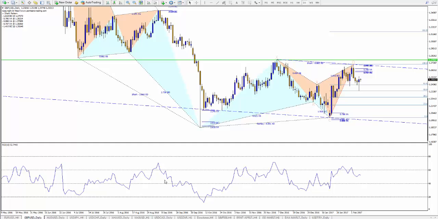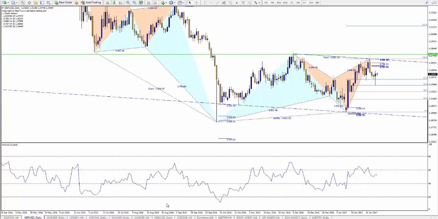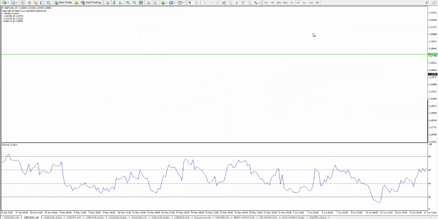Let's take a look at the pound dollar. Now the pound dollar made a good leap yesterday, went to the weekly pivot and then popped its head back down, and as you can see, we're at the top of a channel here, so this pullback might be a good push to get back up again. So with the pound dollar, let's take a look on a 4-hour chart.